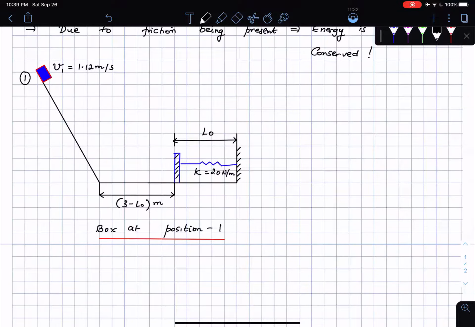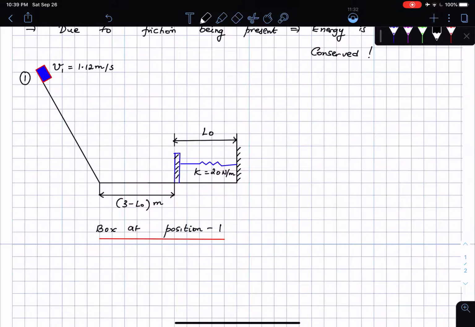Then I look at potential energy. When you look at potential energy, there is potential energy due to gravity at position 1. The important thing is this: if the box is above the datum, this potential energy is going to be positive. Something to note here.